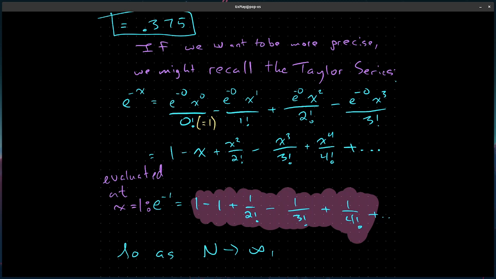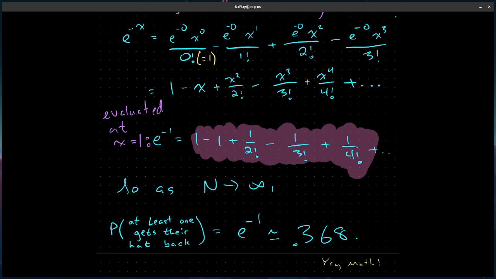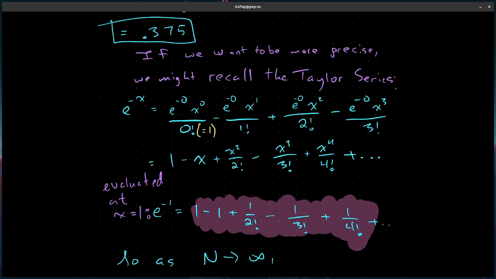And the Taylor series for e to the x is particularly striking. If we evaluate the Taylor series polynomial here, we get this sequence, basically the Taylor polynomial for e to the negative x.